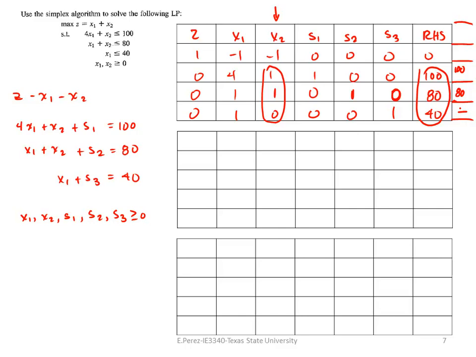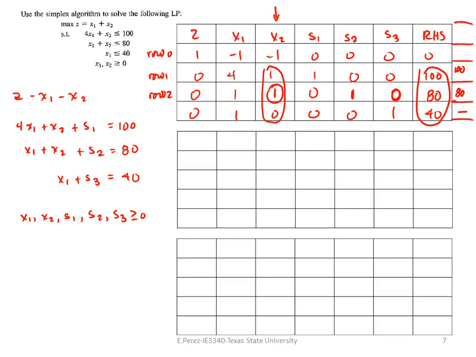So we're going to enter that x2 in row 2. Remember, this is row 0, row 1, row 2.